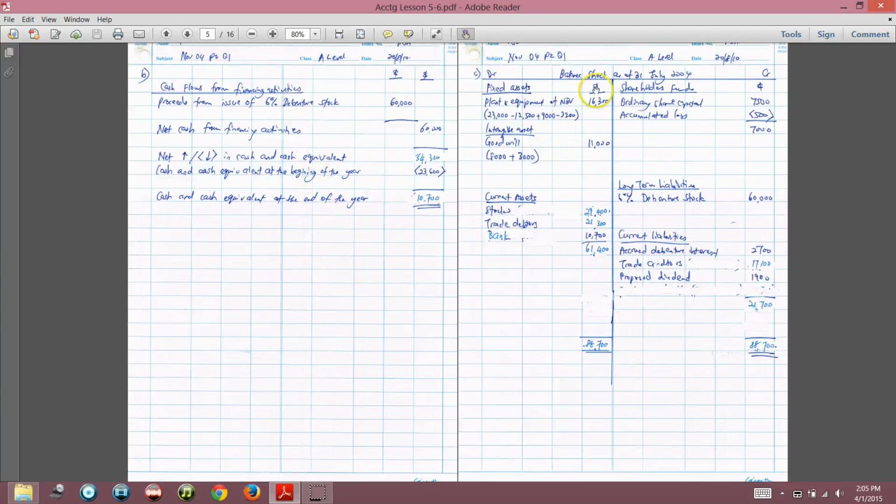Okay, so this one, part C, I do the balance sheet and I do it in this format. In the exam, please don't do it in this format. The balance sheet should be in the statement format, just like how I showed you in part 2 of this lesson.